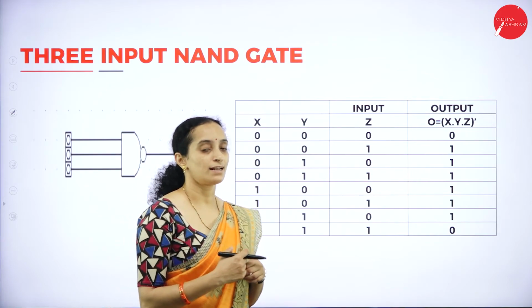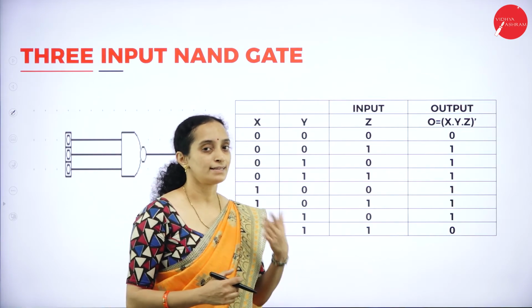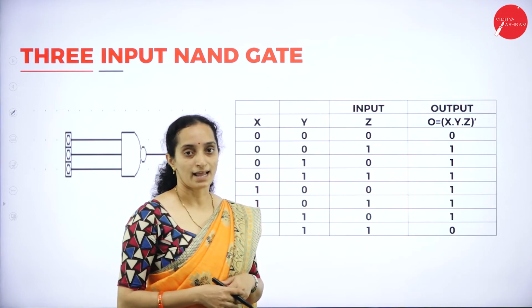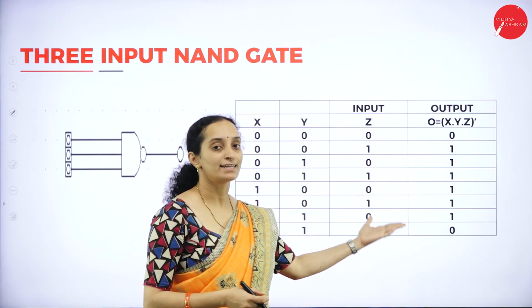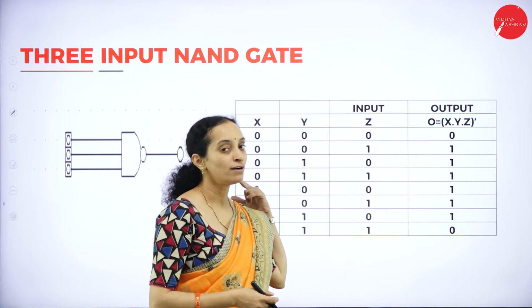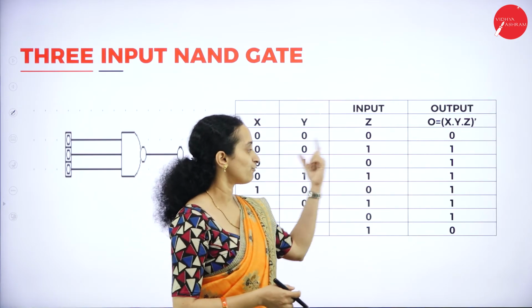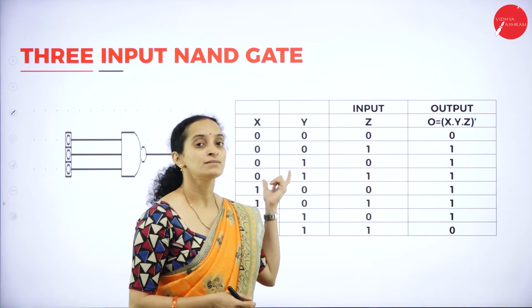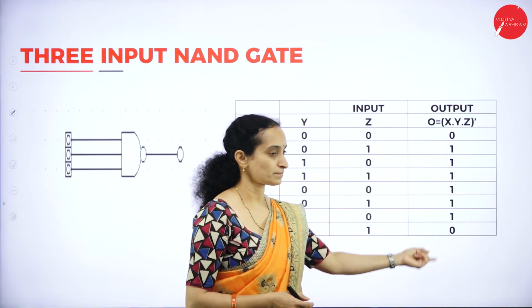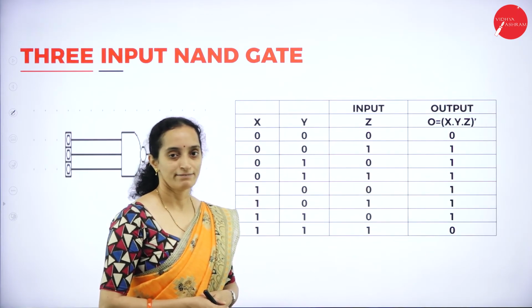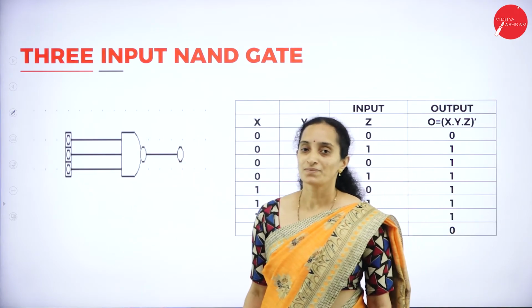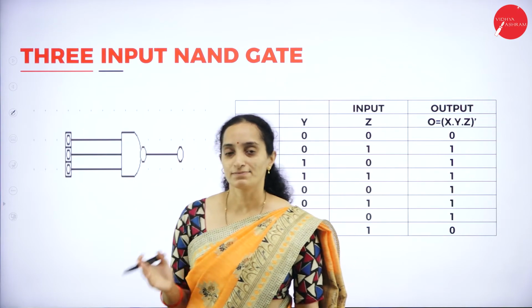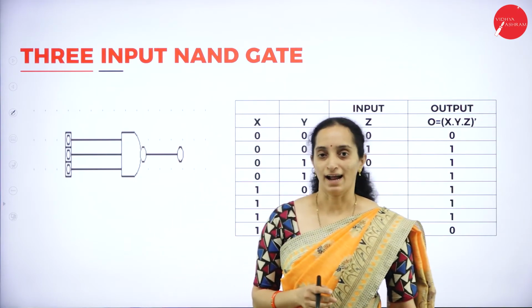Whatever there is in AND, exactly the reverse will happen in NAND gate. Okay. The truth table of NAND gate is similar to that of OR gate, isn't it? If one of the inputs becomes 1, the result will become 1, isn't it? You can use the NAND gate as with the OR and the AND gate.